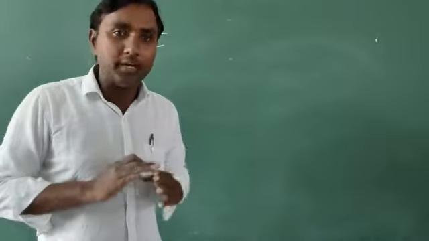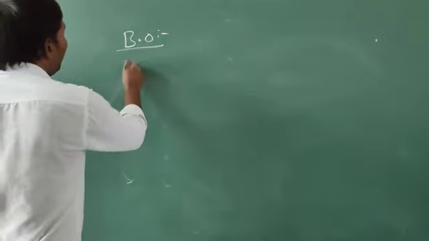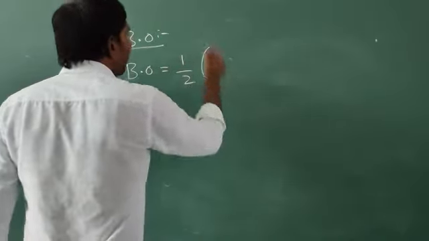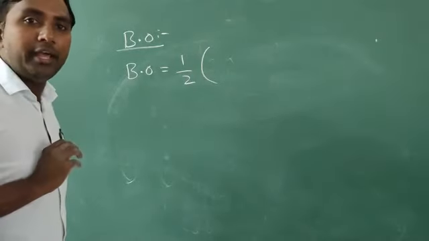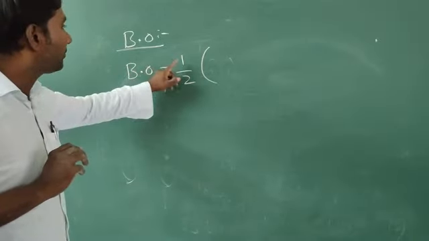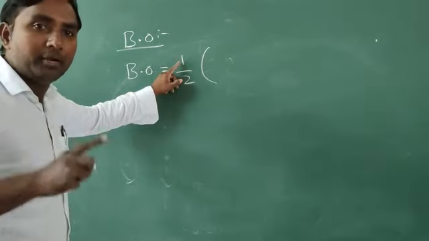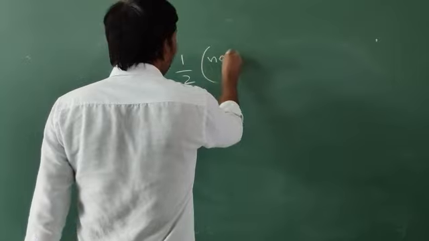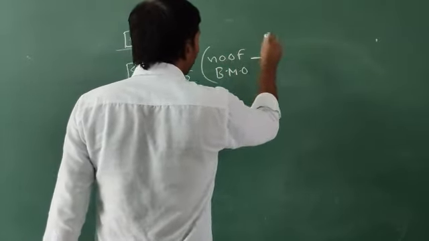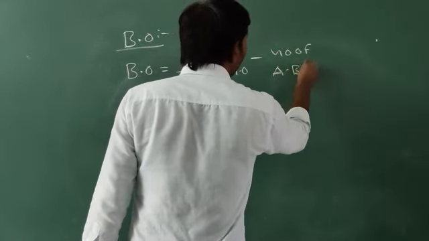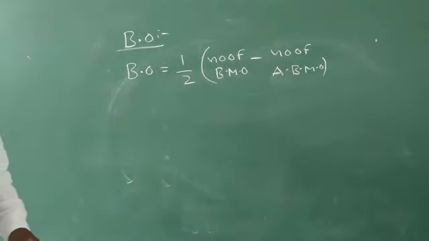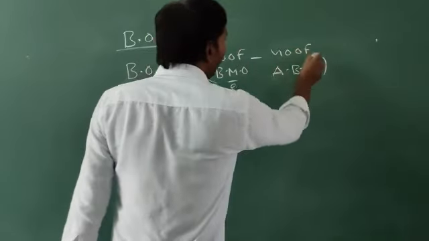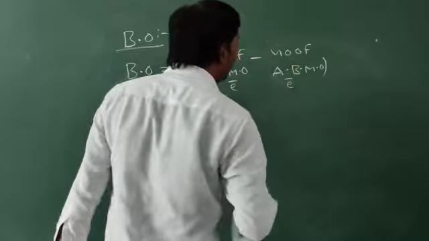The number of bonds between two atoms, as we already know. In MOT, bond order equals half of the number of bonding molecular orbital electrons minus the number of anti-bonding molecular orbital electrons. Here we count the electrons: the number of electrons in bonding molecular orbitals minus the number of electrons in anti-bonding molecular orbitals.